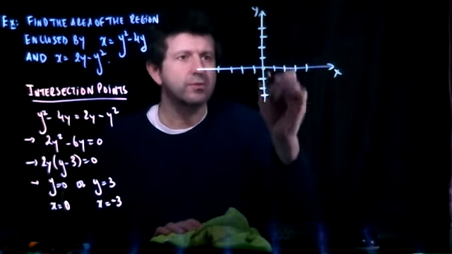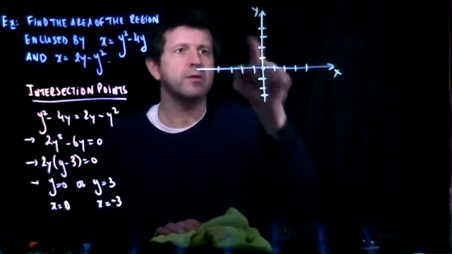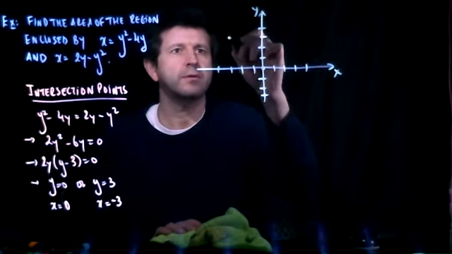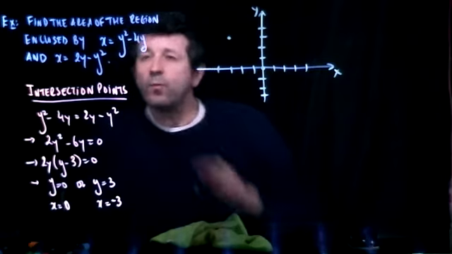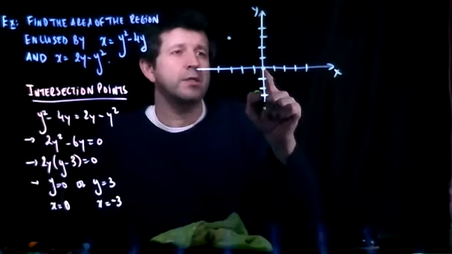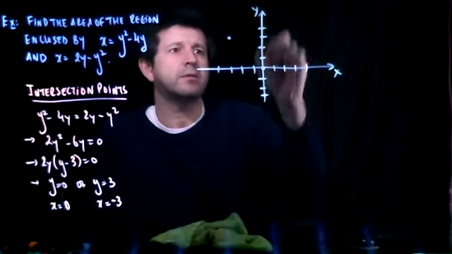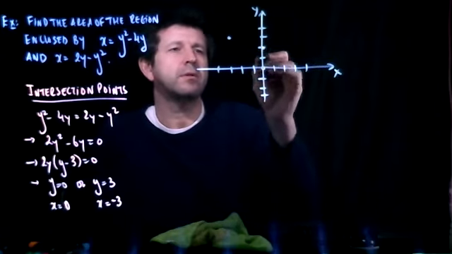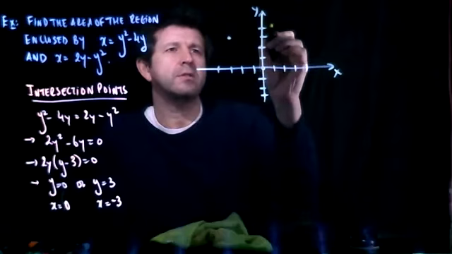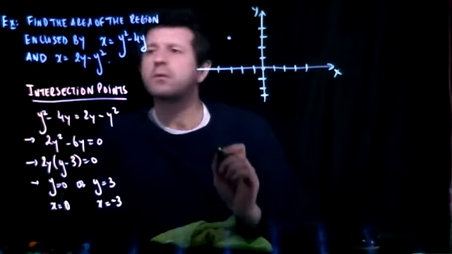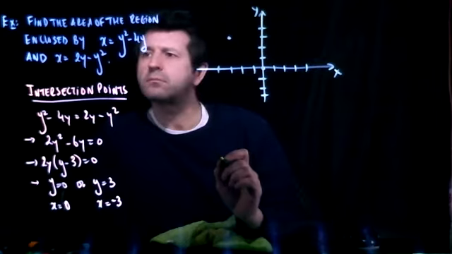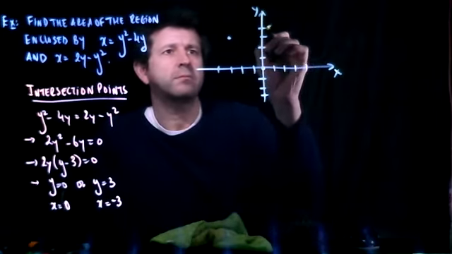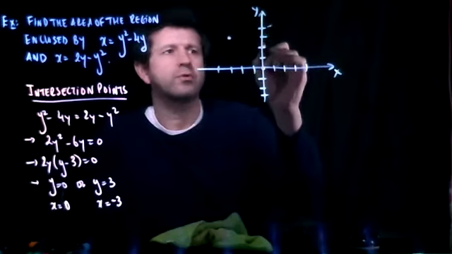So (0, 0) and (-3, 3). This one is open to the right, so something like this.